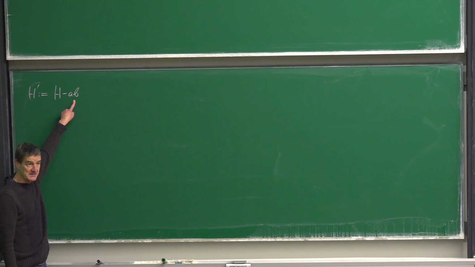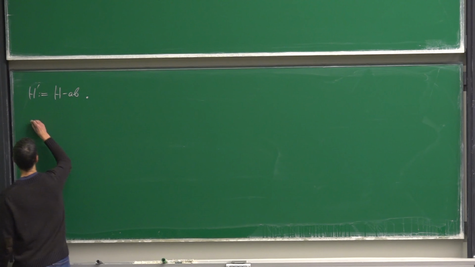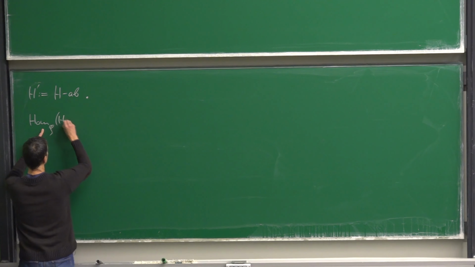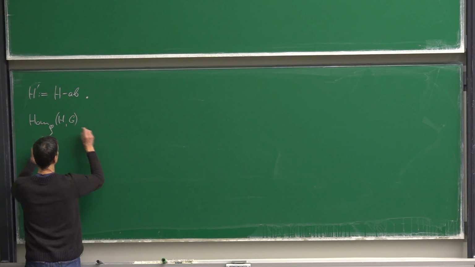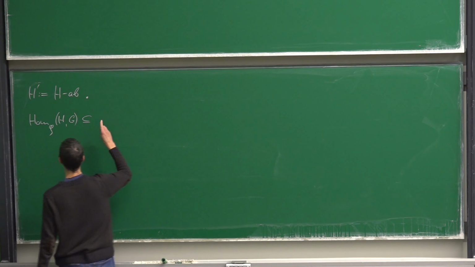We don't delete the vertices A and B, just the edge, right? And then the homomorphisms we want to count from H to G are a subset of those that we know.